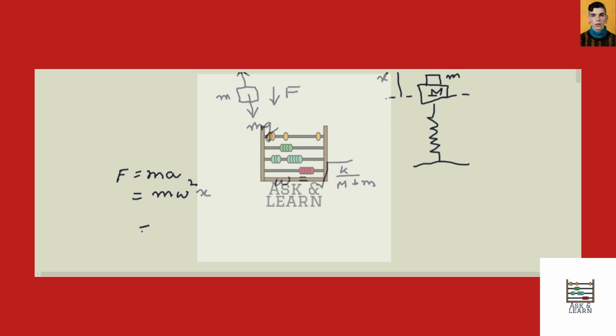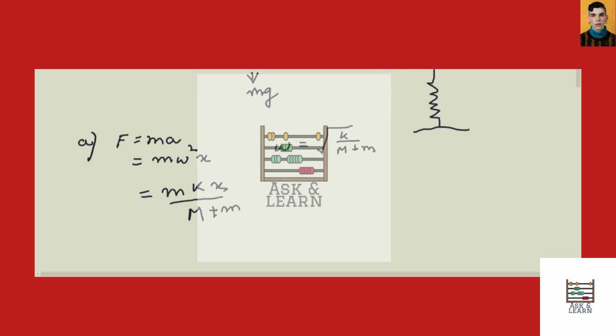This gives us F equal to m k x over capital M plus small m. So this is the first answer, that is the resulting force on the smaller mass.